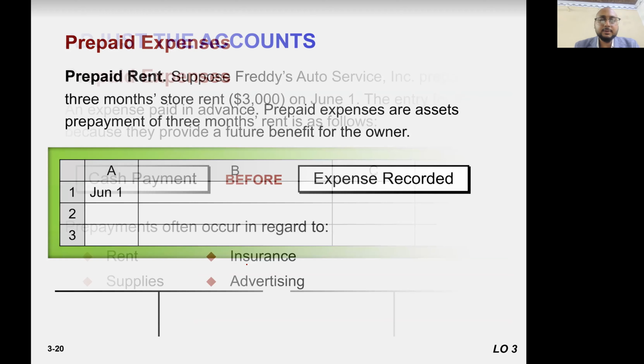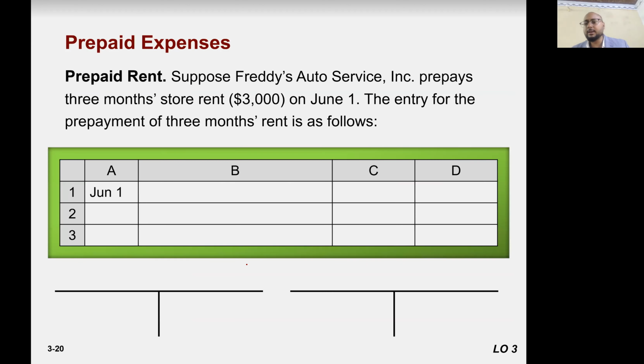Let's talk about an example here so that it will be more meaningful to you. We have prepaid rent. Suppose Friday's Auto Service Incorporation prepays 3 months of store rent, 3,000, on June 1st.